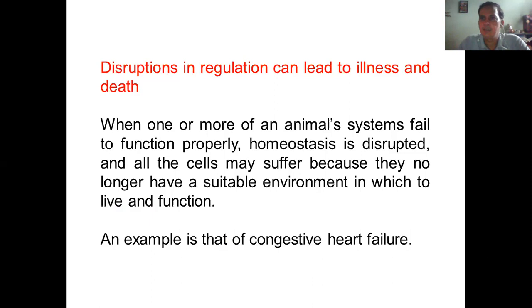It will be less and less available in the interstitial fluids. So now, because of that, the cells will not be able to take up oxygen, they will not be able to utilize energy, and also the increase in the carbon dioxide level will lead to disruption in the pH. So hence the cells will start to die.